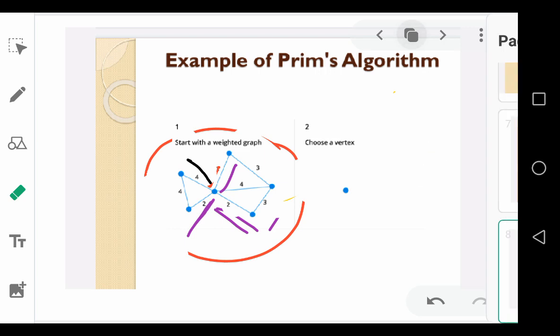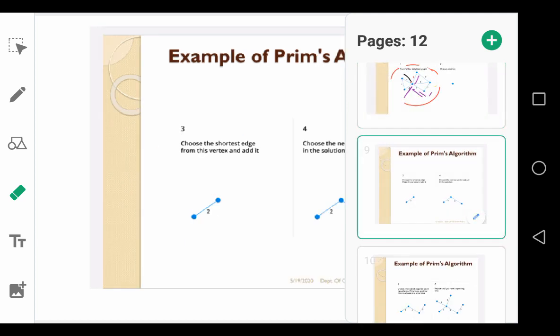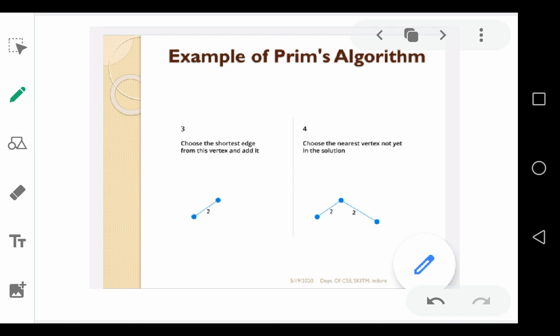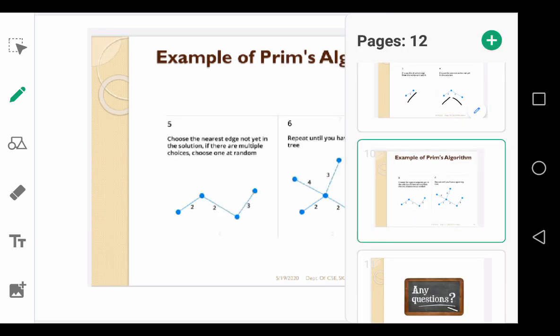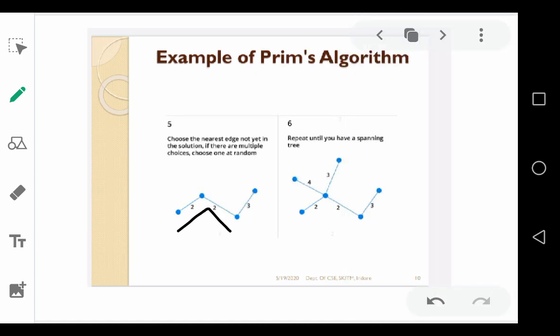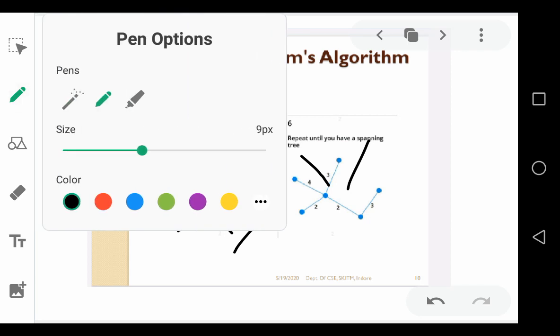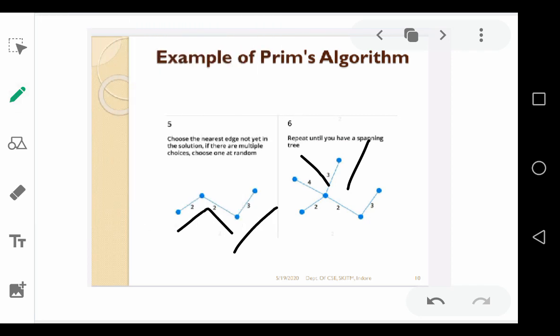So here, we started from this point, which I had covered, and we proceeded like this. We have chosen this one, this one, this one and this one. At the last we got the graph having all the vertices.